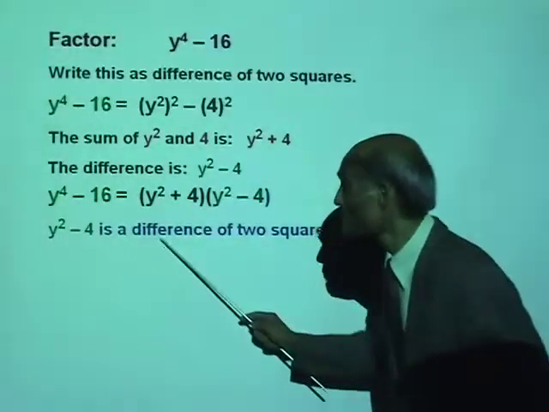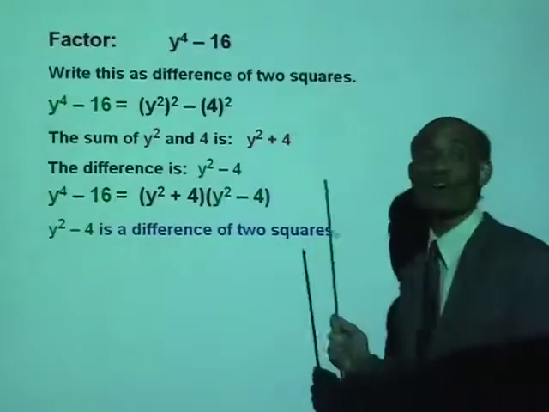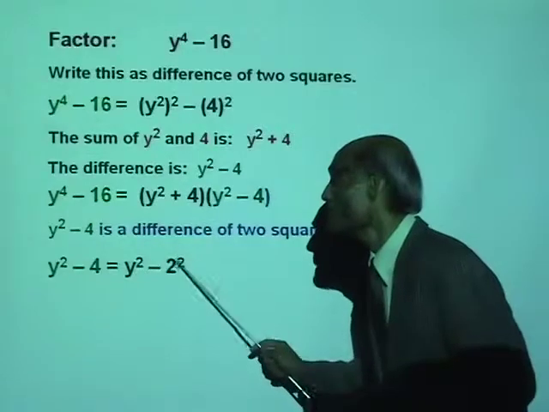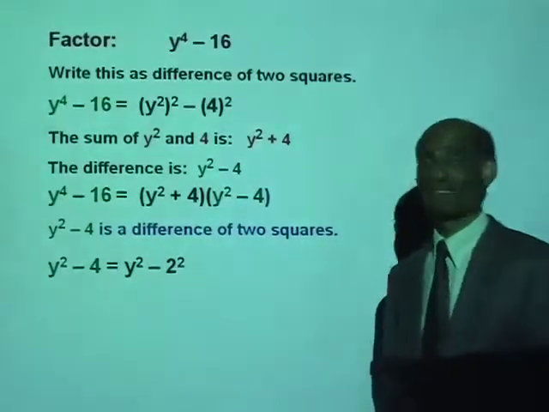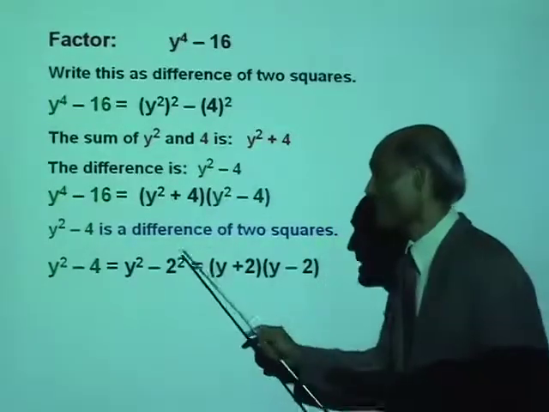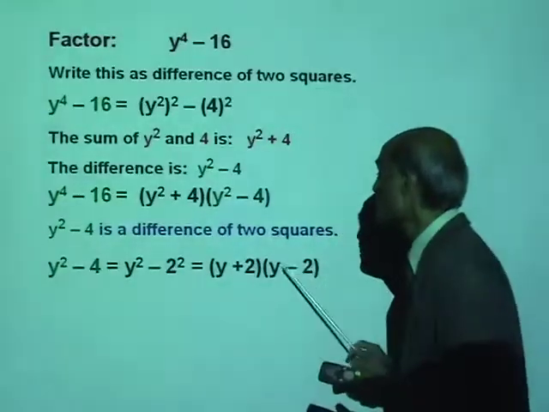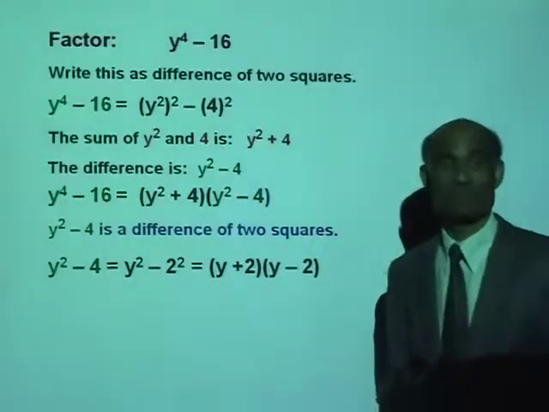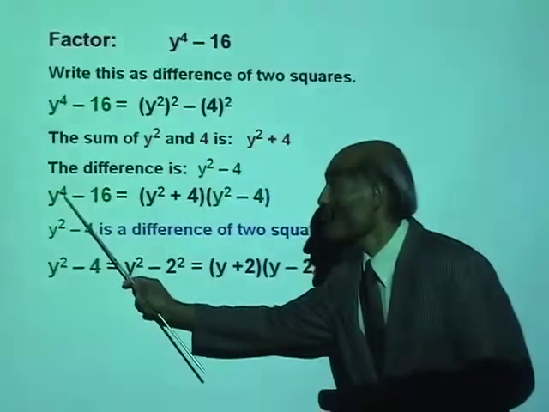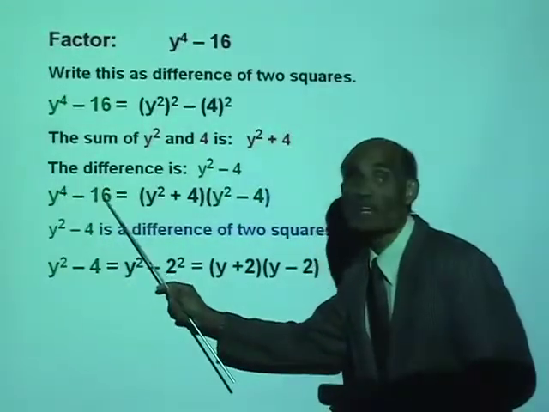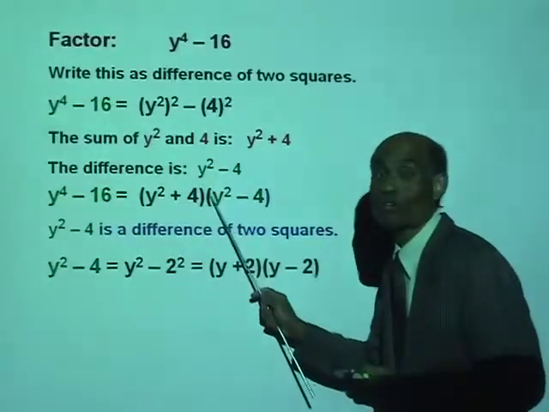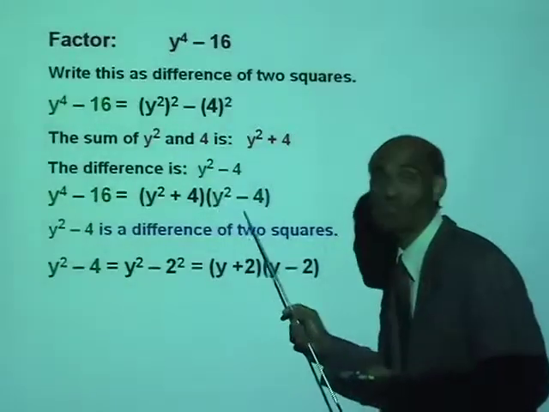Y squared minus 4 is a difference of two squares. And we can write it as y squared minus 2 squared. What are the factors of y squared minus 2 squared? That will be y plus 2 times y minus 2. So, we are factoring this quantity, y to the power of 4 minus 16. We obtained this result, y squared plus 4 times y squared minus 4.